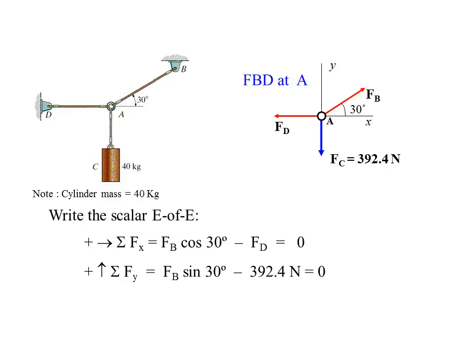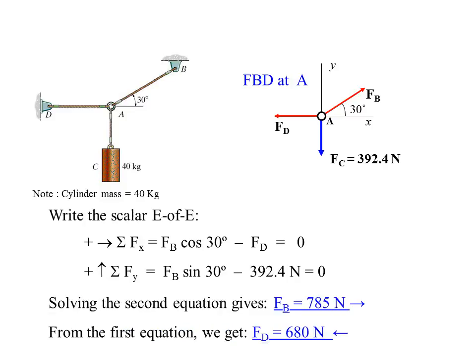That's conceptually what we're doing, but because this is a two-dimensional system, we're going to break it down into the x and y direction, and we'll sum the forces in the x direction and set that equal to 0. Then we'll sum the forces in the y direction and set that equal to 0. We have these two equations and two unknowns, so we're going to be able to find our unknowns in this case.